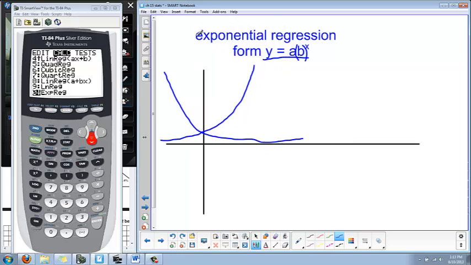On the test, you will be given a question with just a scatter plot, and the points are going in a pattern, and all you have to do is say, is this exponential, is this linear, is this cubic, and pick the right one, okay? So that's exponential. You might want to draw these just so you have a quick sketch.